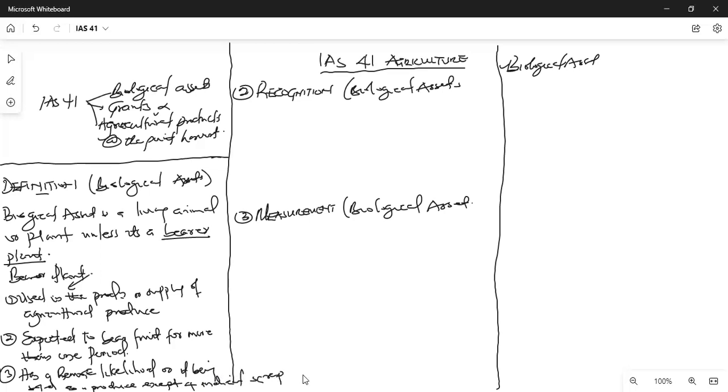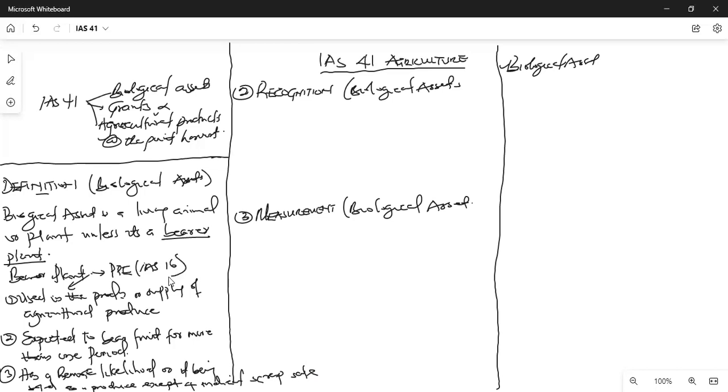All right, you have no intention of selling it, but maybe because it is hedging towards its death and you are now selling it off. So when you see these things happening to a particular plant, then it means that that plant is a bearer plant, and that one will be considered under PPE, IAS 16.